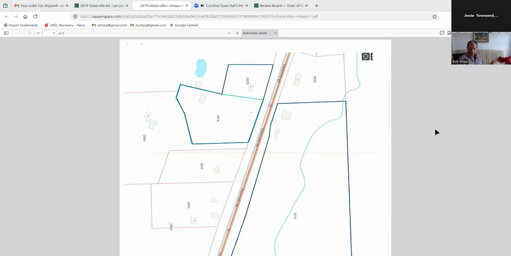No, your actions tonight give permission only after the transfer occurs. I mean, there has to be a real estate closing to create that parcel. Right now, you'll make your decision. Nothing changes tonight. It has to go and do a real estate closing. And then the town is given permission for a lot line adjustment.